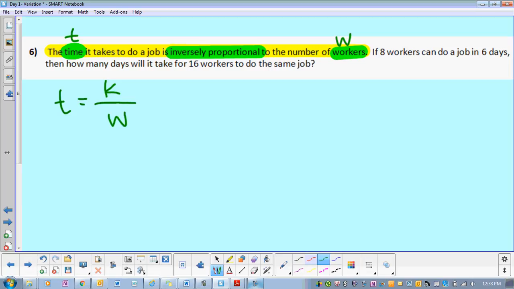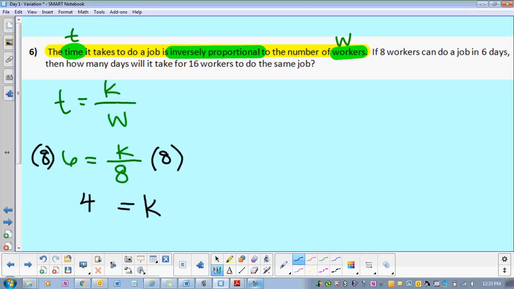If 8 workers can do a job in 6 days, well, they just gave you W and T, right? T is what? 8 or 6? Good. So 8, right? Times 8 times 8. K equals? 48. Good.